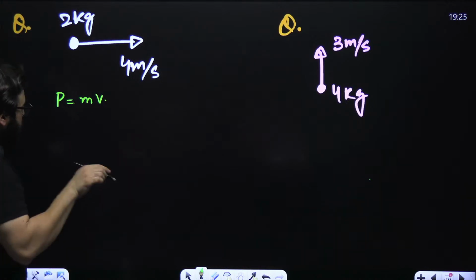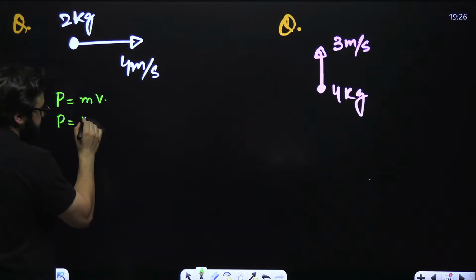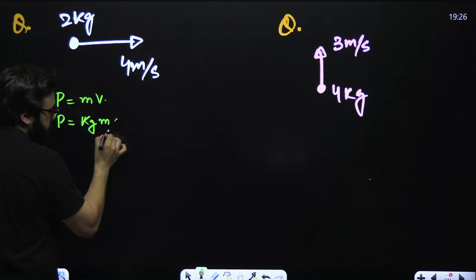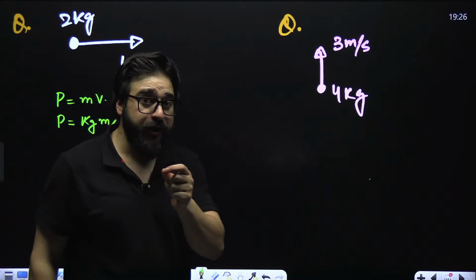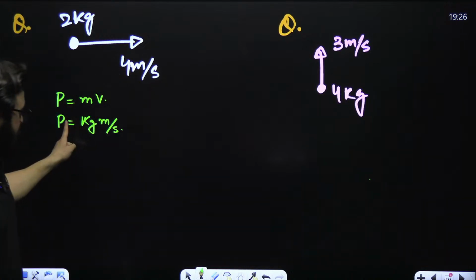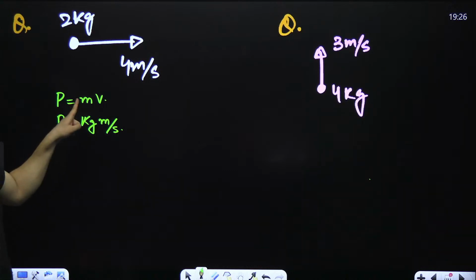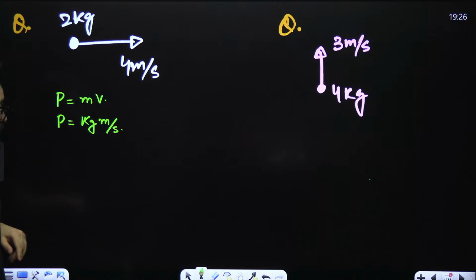Now, my dear friends, you can write the unit of momentum. What is the unit of mass? That is kg. And what is the unit of velocity? We measure it in meter per second. So the SI unit of momentum is kg meter per second. And when it comes to the dimensional formula, it is MLT^-1.